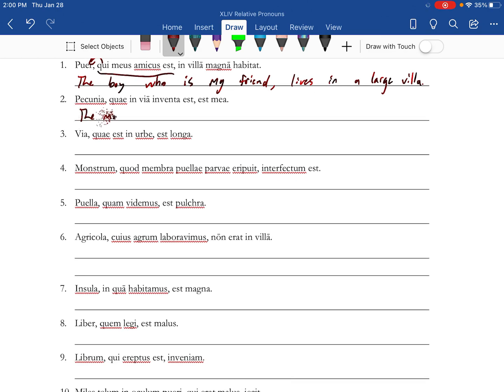Alright, the money, quae, which, and when you combo these two, perfect passive, which has been found, not is found, but has been found on the road, is mine.